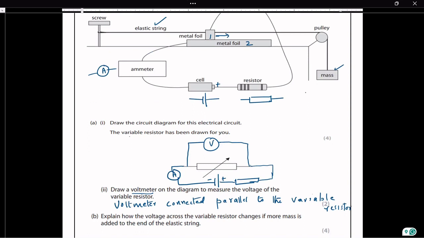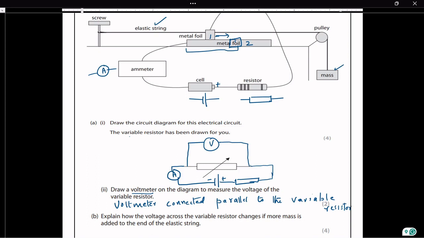So when we are adding more masses, the wire stretches, which means the foil will move towards the right. If the foil is coming to this position, as an example, now this much length of the foil is included in the circuit.